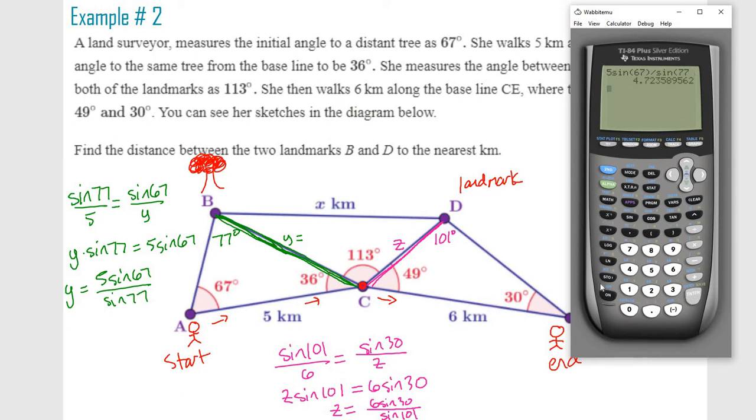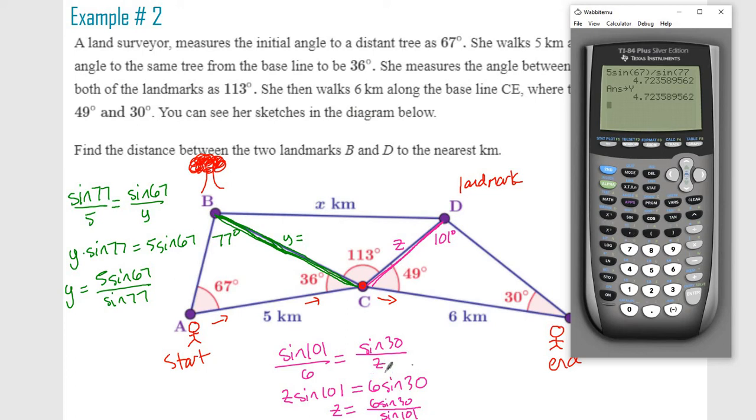I want to store that answer, so I'm going to use this STO with an arrow. That stands for store. And I'm going to store it as letter y. So alpha, the green button, press the number 1 because that's where y is. So y is this answer. So anytime I use that letter y, it's that number.